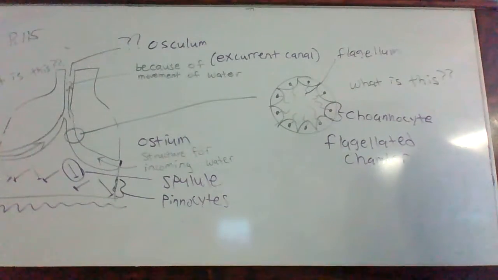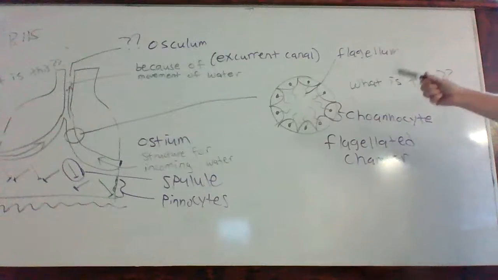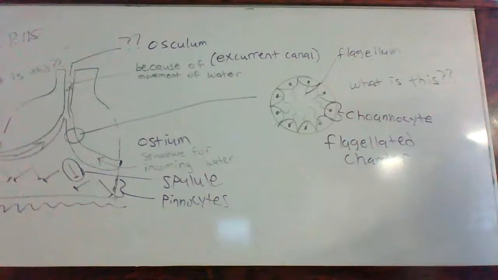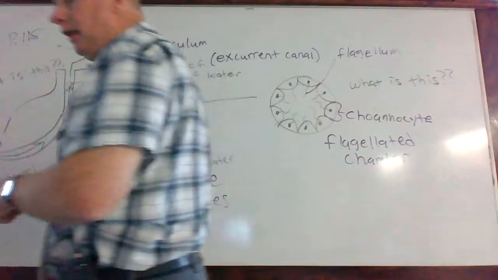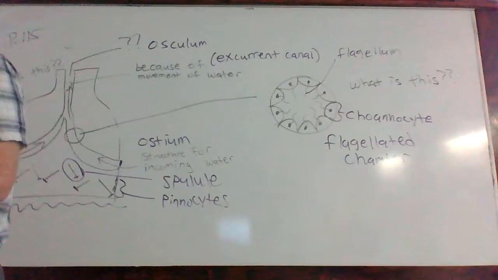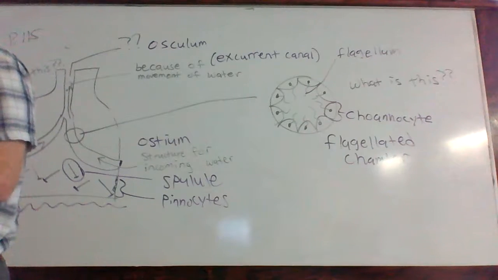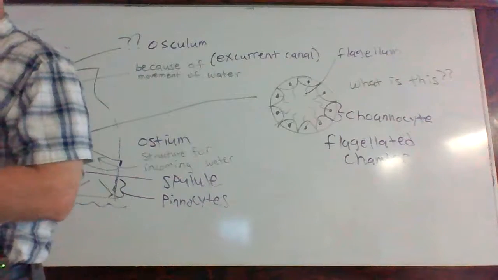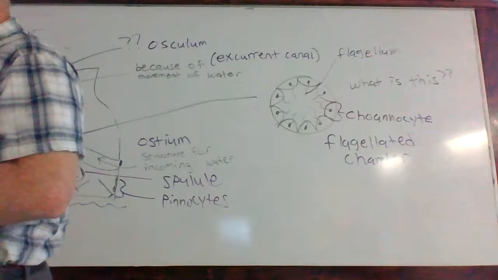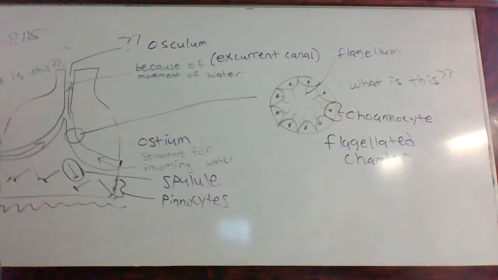We'll spend a little more time, not on this diagram, but on what we want you to be able to write out in essay form and be ready for Friday. And then when we come back on Monday, we'll start talking about animals that are finally starting to move, getting into the cnidarians.